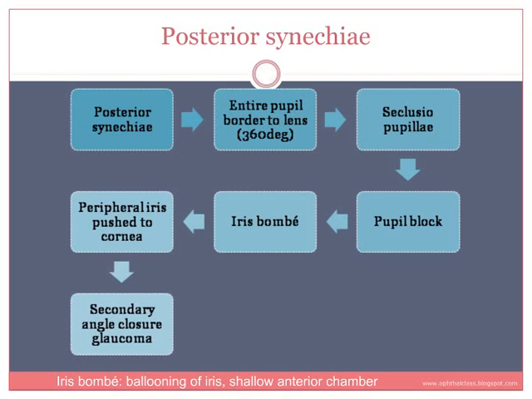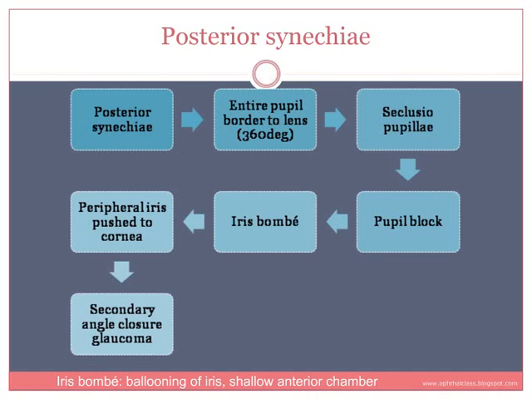The aqueous normally drains from the posterior chamber after being secreted by the ciliary body through the pupil and from the anterior chamber via the trabecular meshwork and out of the eye. In case there is a seclusio pupillae or the annular synechiae, there is what is called pupillary block. The blockage is to the drainage of the aqueous from the posterior chamber to the anterior chamber.